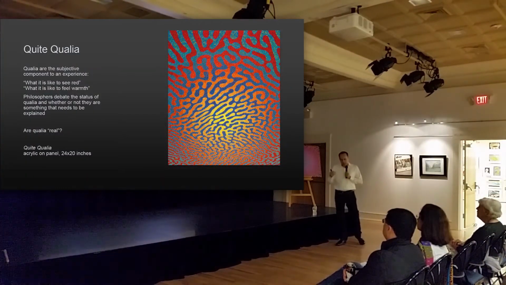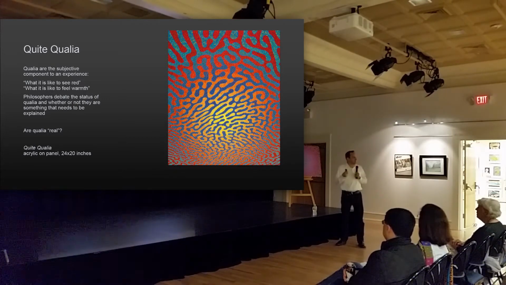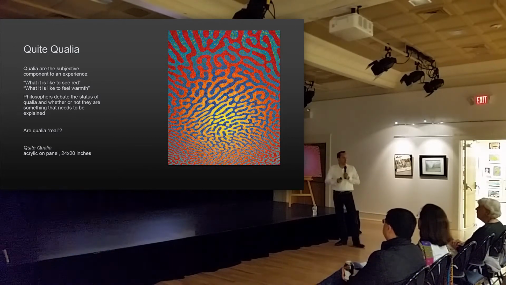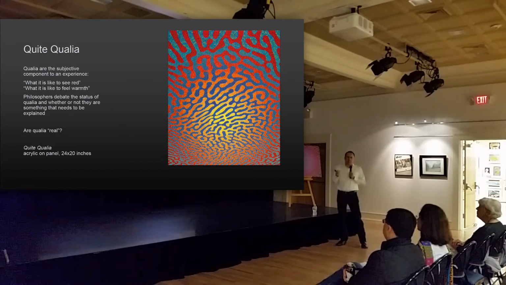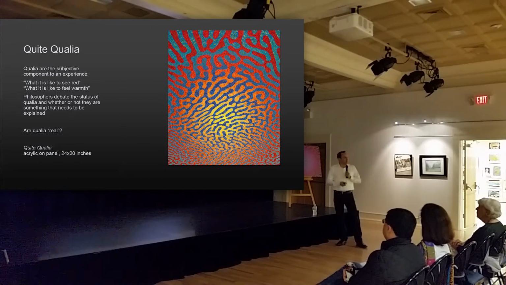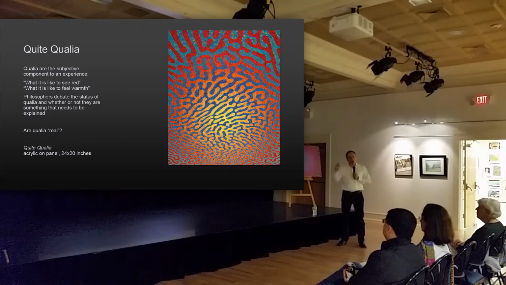So there's this attempt to understand how it is we have this rich sensory experience. And qualia are the term that philosophers are always debating whether they exist, and even if they exist, do we need to try and figure out an explanation for them? It's what is it like to see red? What is it like to feel warmth? It's that experiential character of all of our perceptions. And some people think that qualia are just along for the ride.